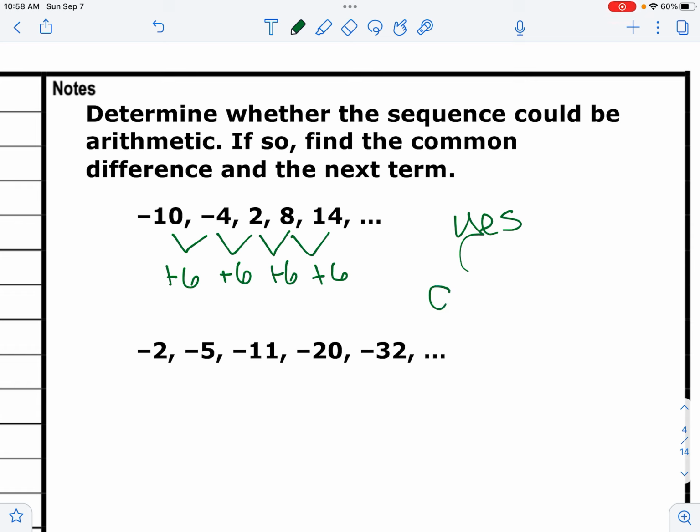And then the common difference is 6. The next term is, well, if we take 14 and add 6, we would get 20. So the next term is 20.